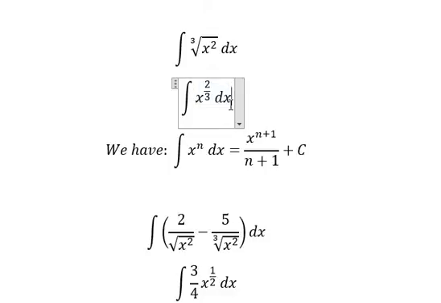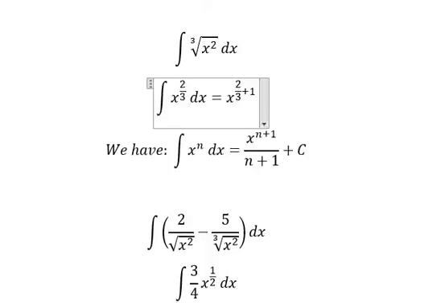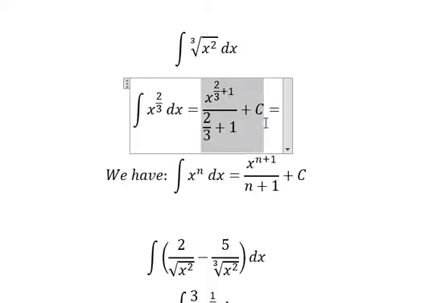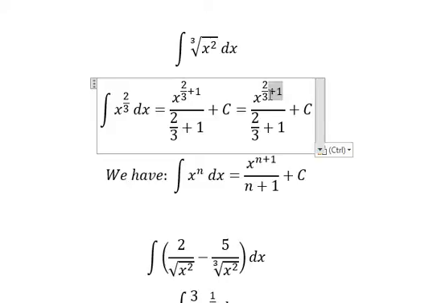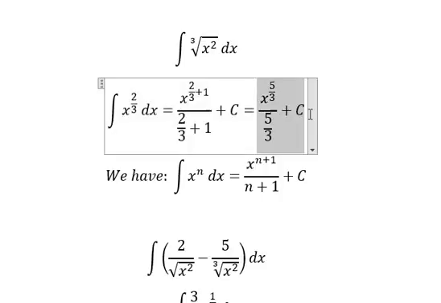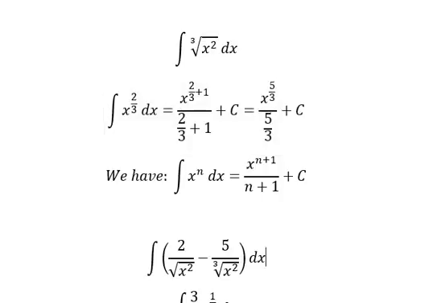Now we can apply this here. So we have 5 over 3, and this is the final answer.